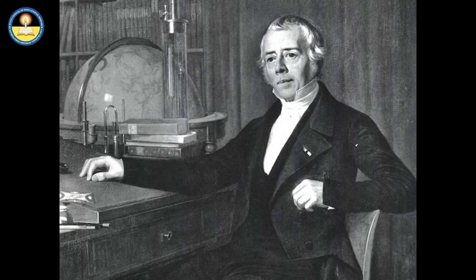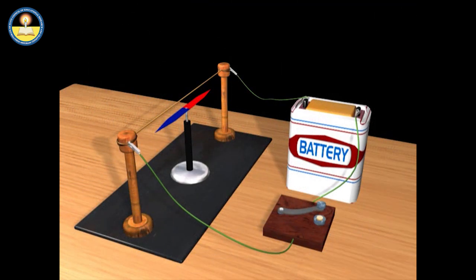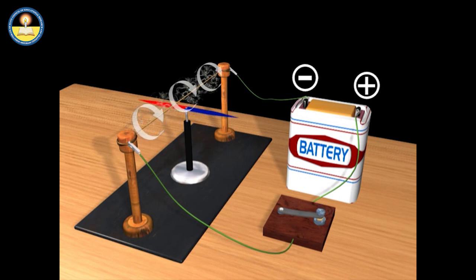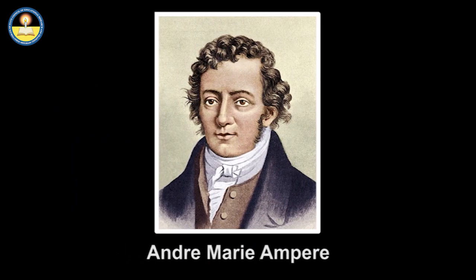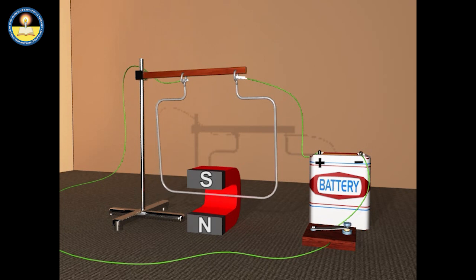Experimentally, Ørsted has shown that a current-carrying wire exerts a force on a magnetic needle and deflects it from its usual north-south position. French scientist André Marie Ampère suggested that a magnet must also exert an equal and opposite force on the current-carrying conductor.